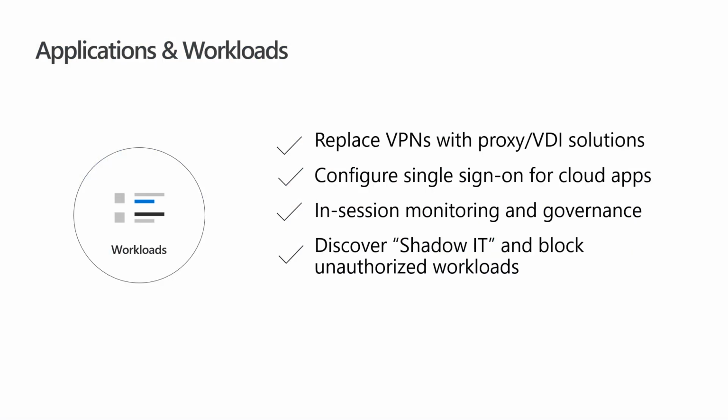The next component that we're going to talk about is applications and workloads. Zero Trust is trying to move away from the need for VPNs. So we're really trying to replace VPNs with proxies and with different VDI solutions to ensure that you're not having to route traffic back on-prem. Another piece that's really important here is that oftentimes those VPNs are put into place so that users can gain access to legacy applications.